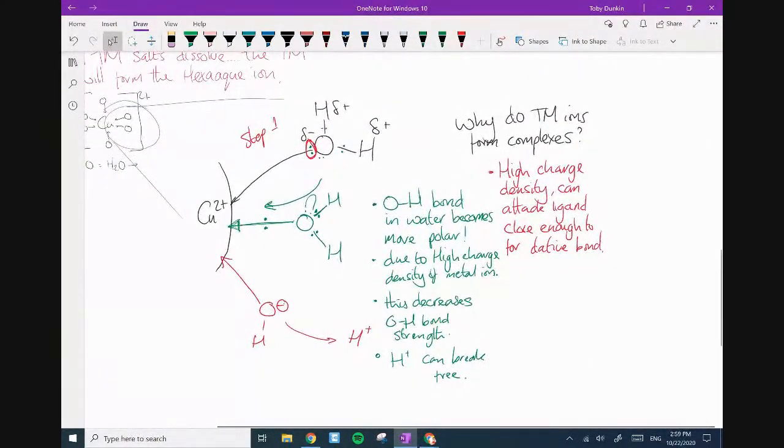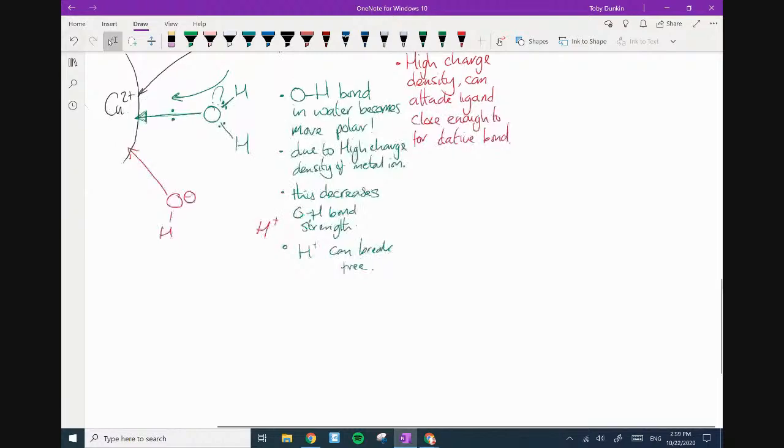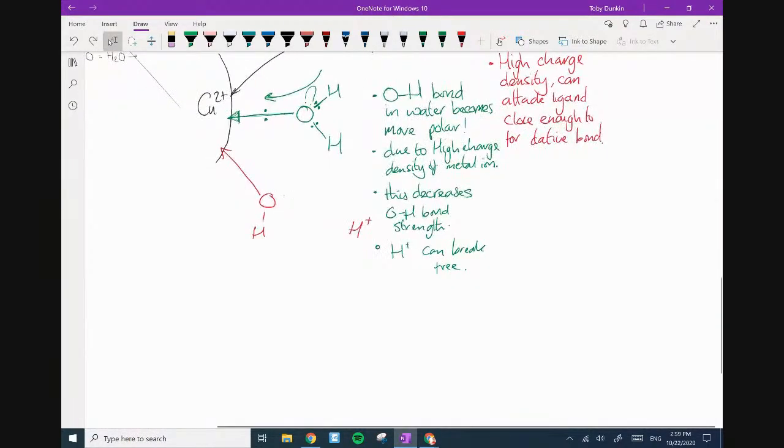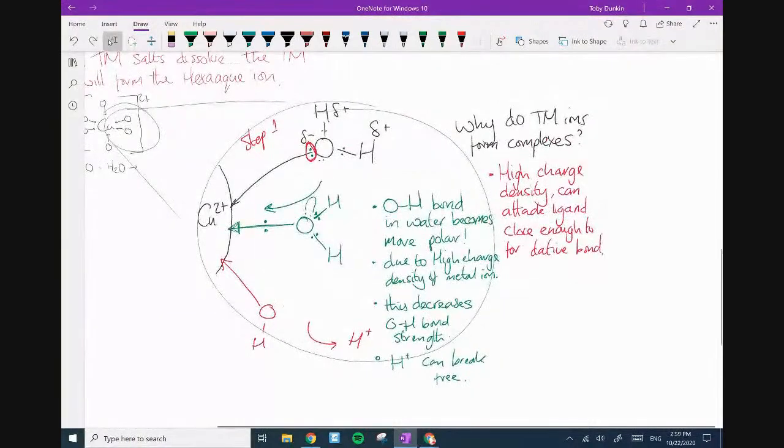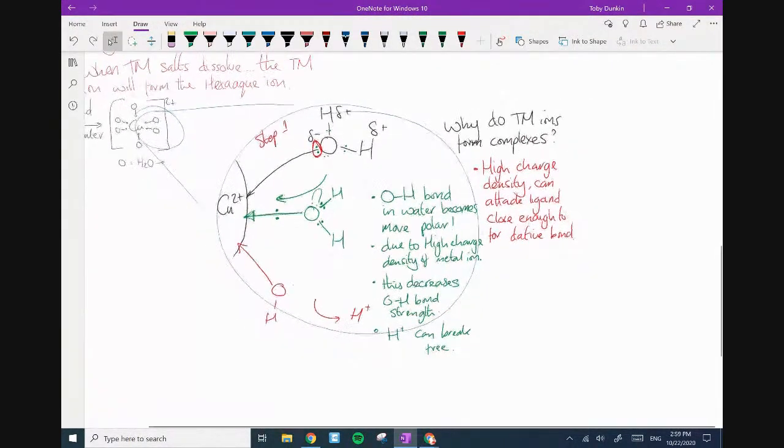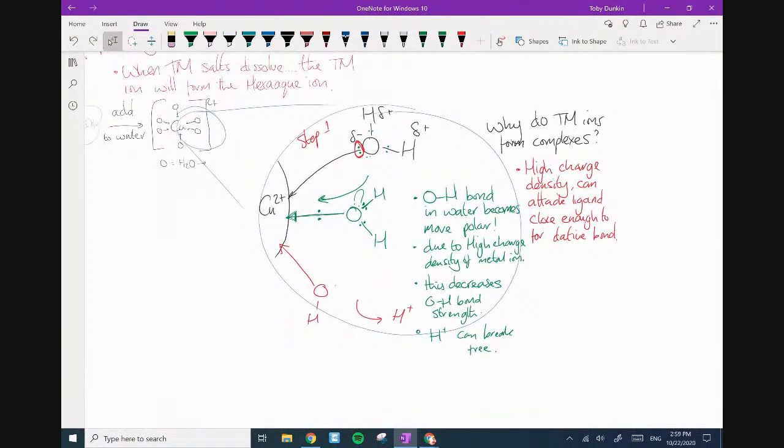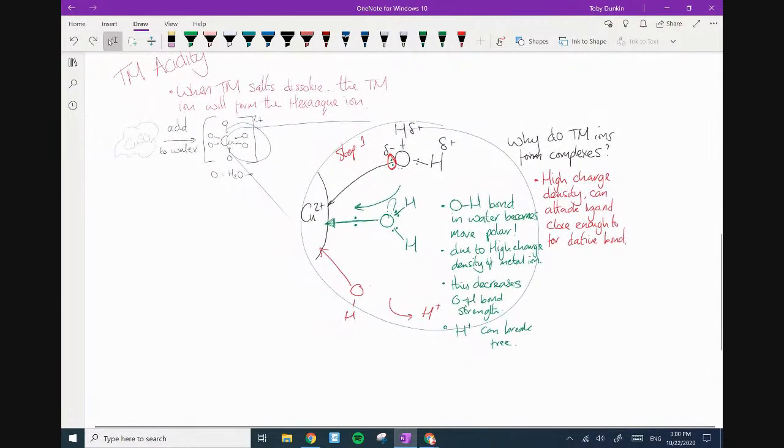Now, this explanation also explains the difference in pH between the different ion charges.